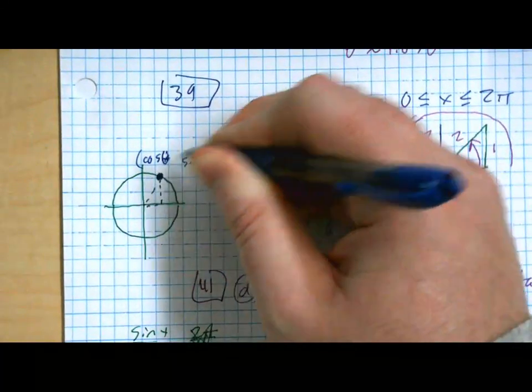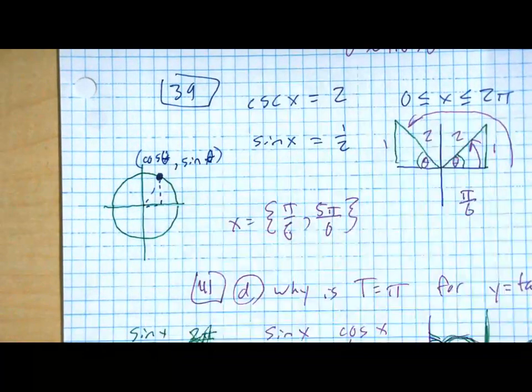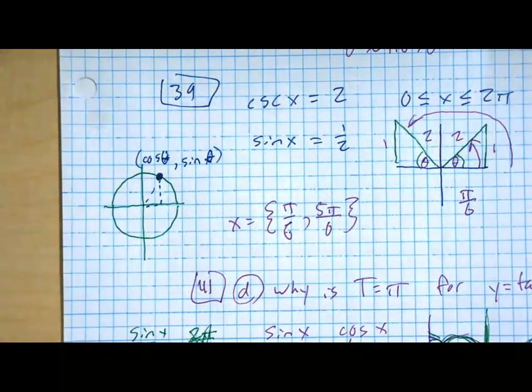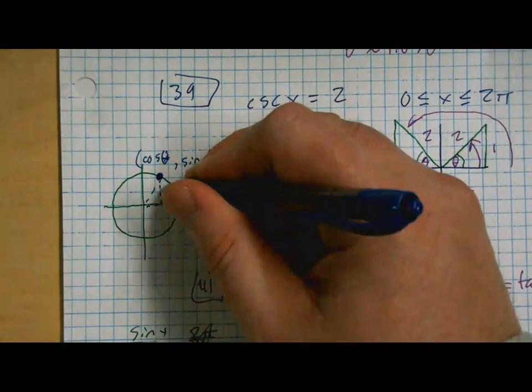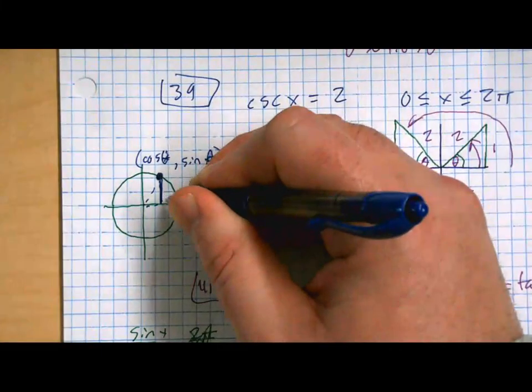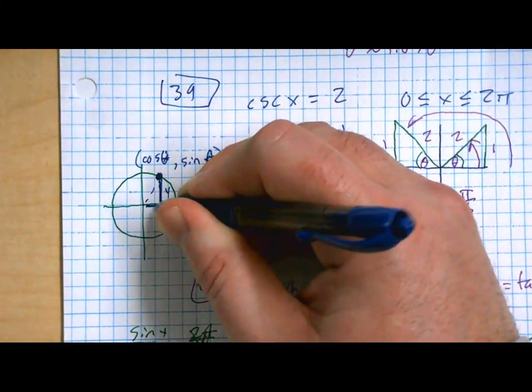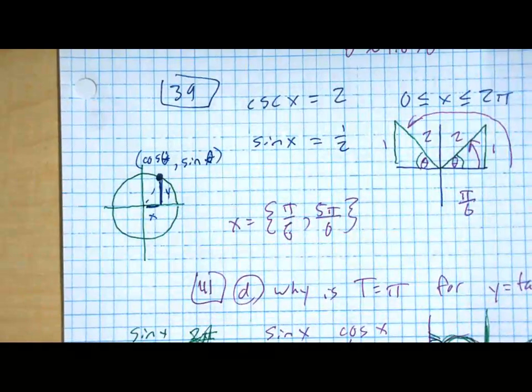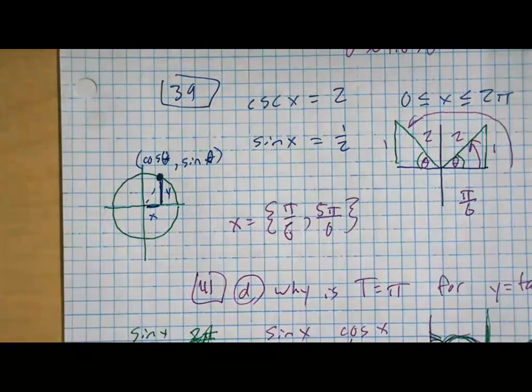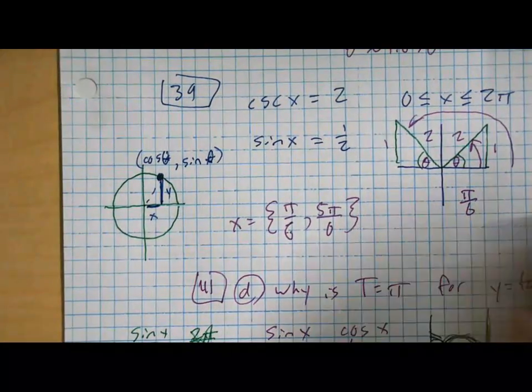Let's call it theta, not x. We're comfortable with that? So the sine is the y coordinate. This is the sine. And the cosine is the x coordinate. That's the cosine.